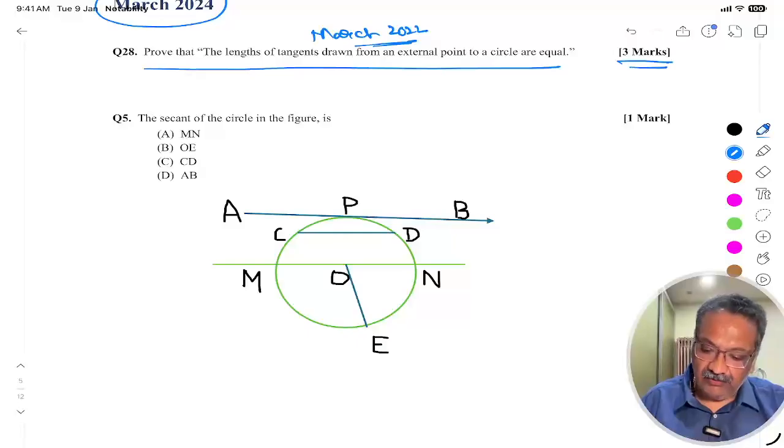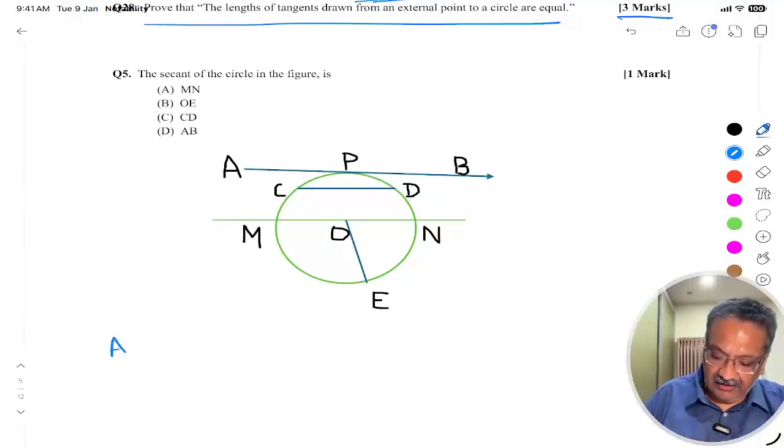Now next is MCQ. Secant of the circle in the figure is. Okay. So what is a secant? You can write. No need to write this.